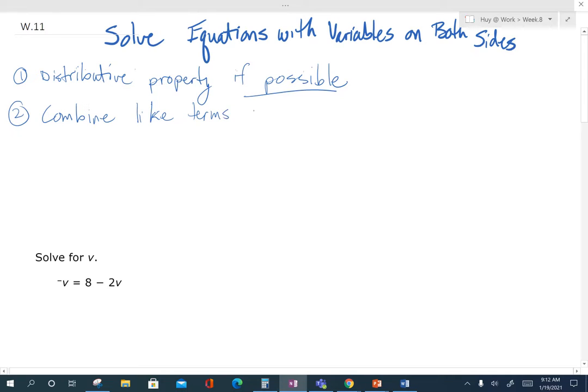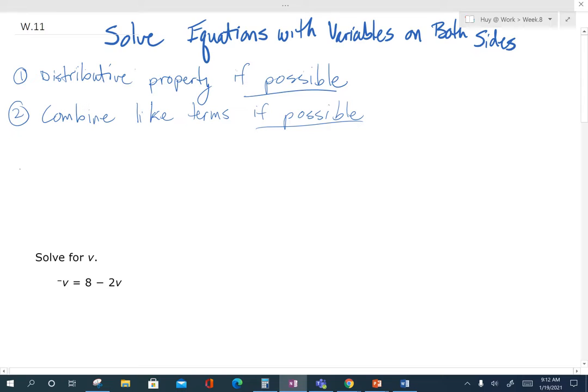And again, if possible, right? I cannot tell you what the equations are going to look like, and so sometimes you need to use these strategies, sometimes you don't. But those two things, combine like terms, distributive property, if it's available for you to do, please do them first.